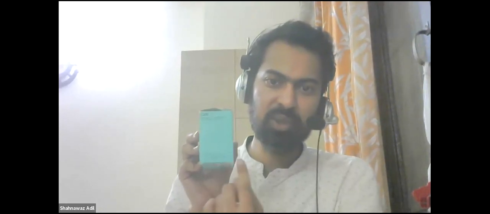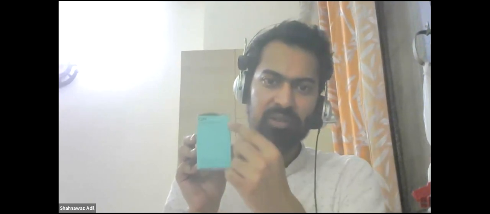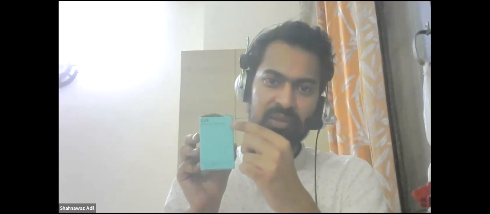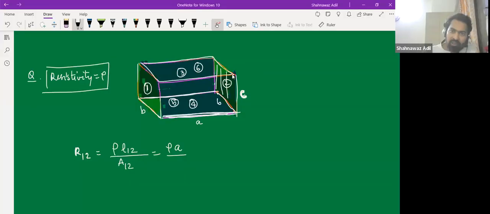This was B, and this was C, right? So you guys understood what would be the area of cross section of this part. This would be BC. Is this clear, guys? Yes.